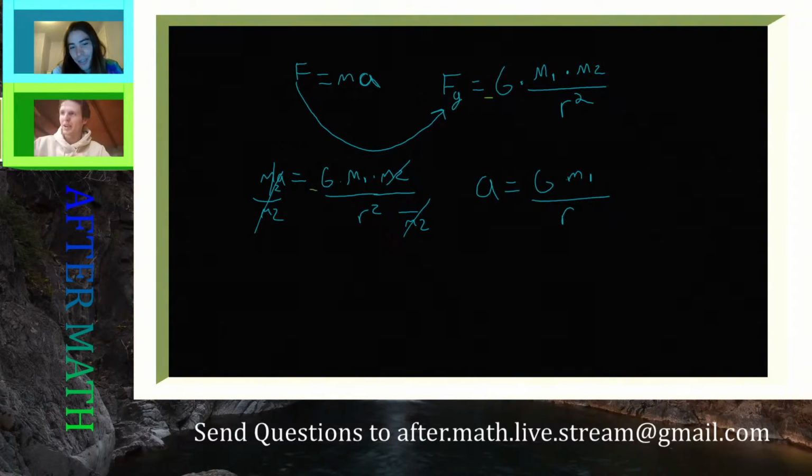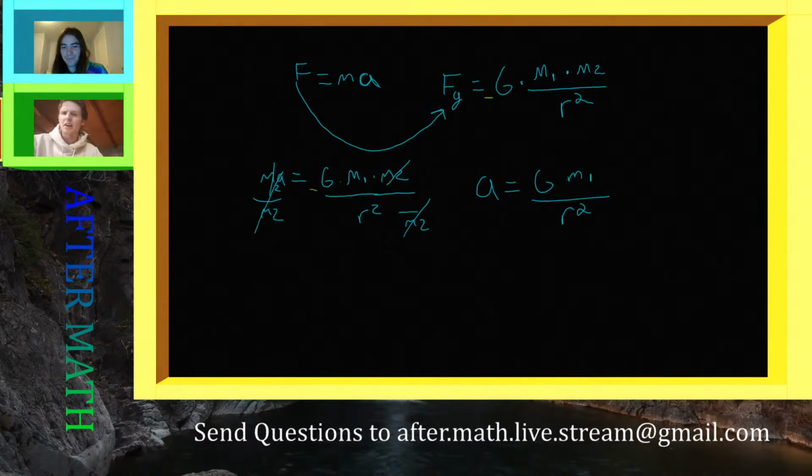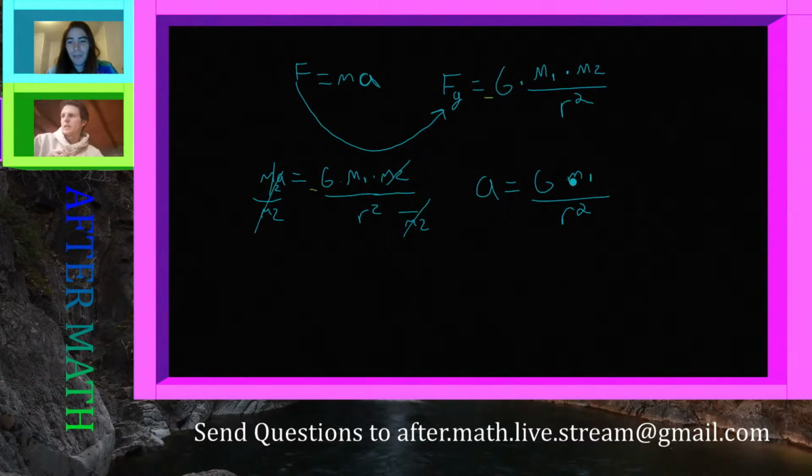Okay, so we have our equation here. Acceleration equals big G times m1, all of that divided by r squared. Jaden, do you notice anything interesting about this equation that might stand out to you as significant?